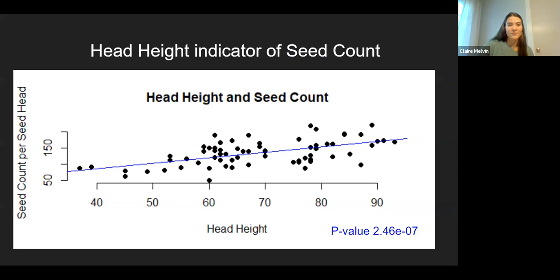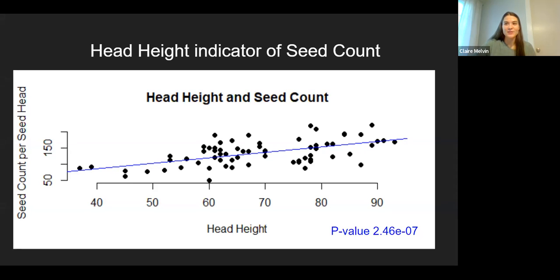So instead of a trade-off, the most indicative morphological measurement was head height, and there was a positive relationship between head height and seed count. So these taller plants are actually producing more seeds as well, and therefore larger seeds too. So instead of a trade-off, these reproductive aspects of Echinacea have actually been correlated positively.